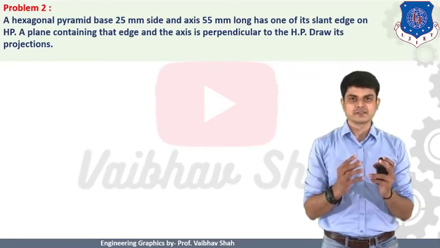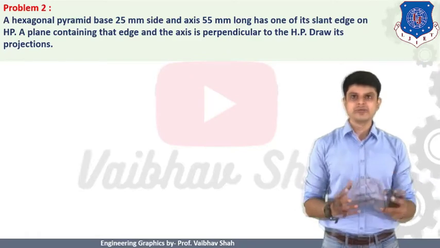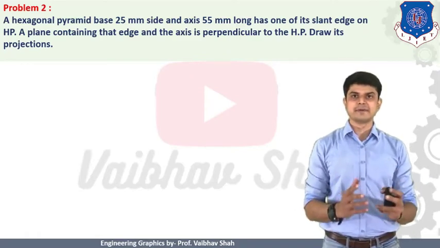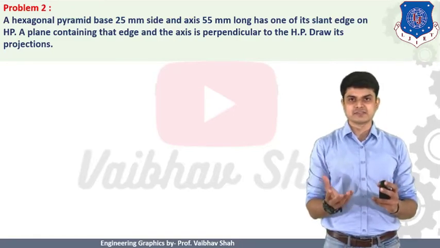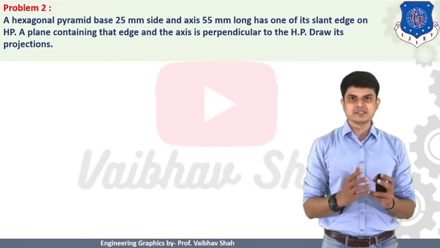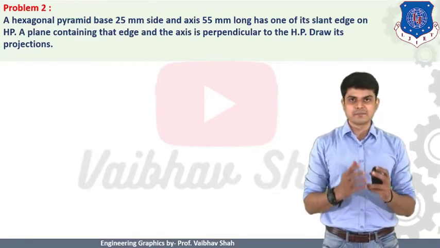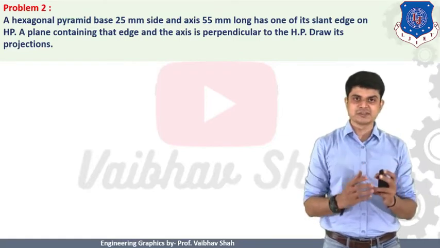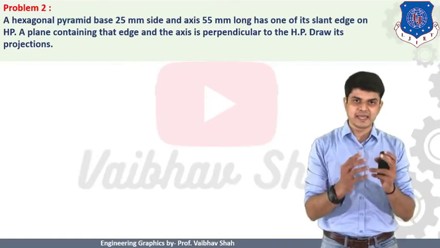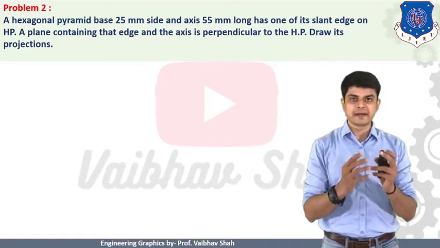Let us first understand and analyze the data. Here we are talking about the hexagonal pyramid. A hexagonal pyramid means it must have one hexagonal base and one apex. The dimensions are given, and the hexagonal pyramid should be placed in such a way that the plane containing the edge and axis must be perpendicular to HP.